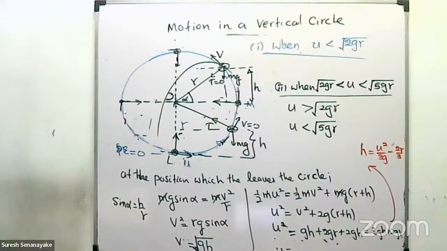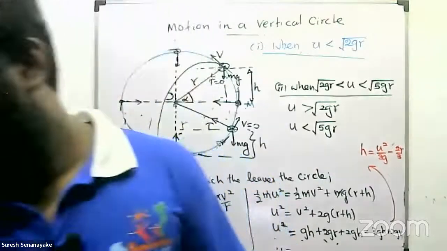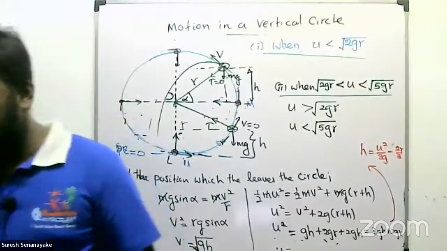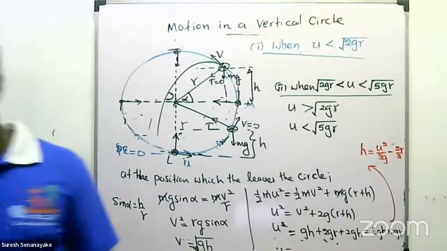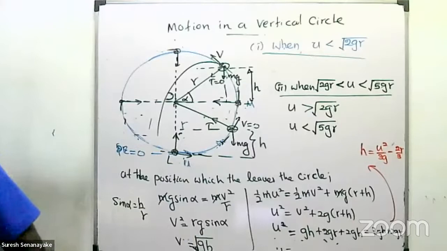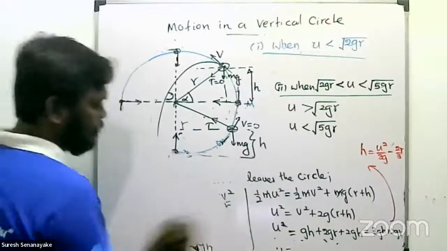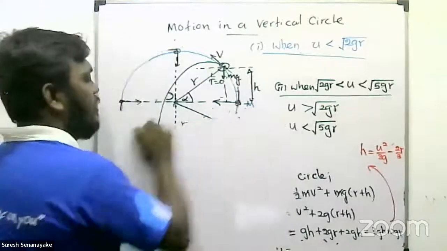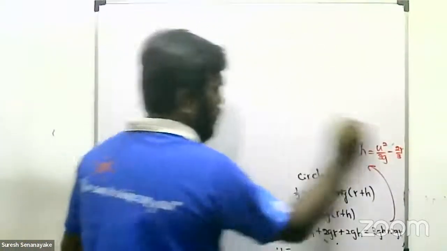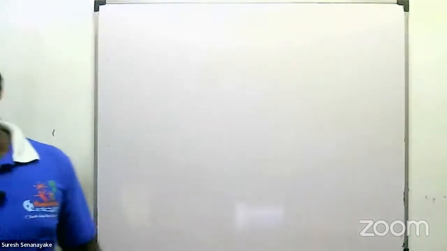The pendulum bob is released from the position where the string makes an angle of 60 degrees from the vertical.